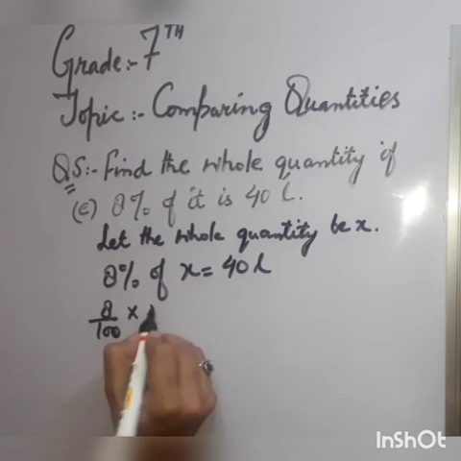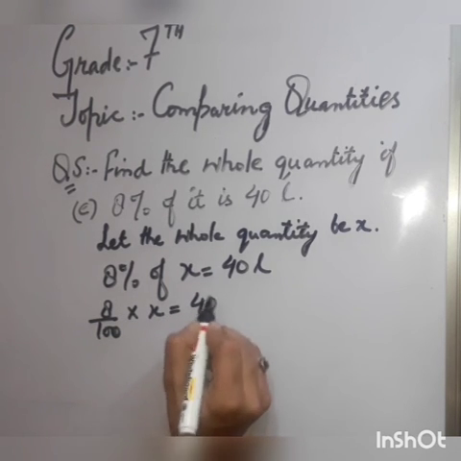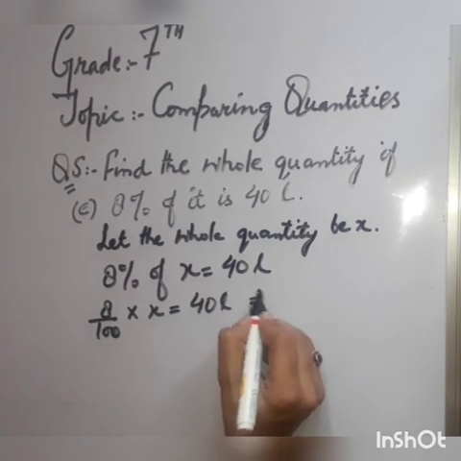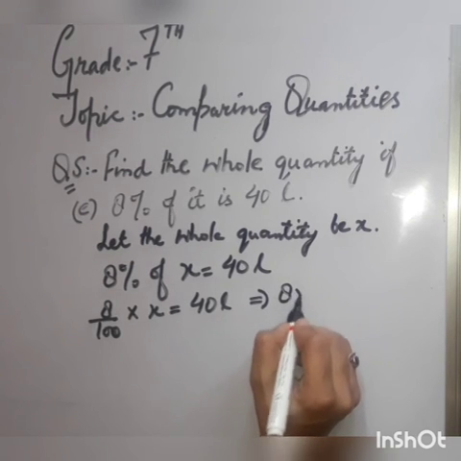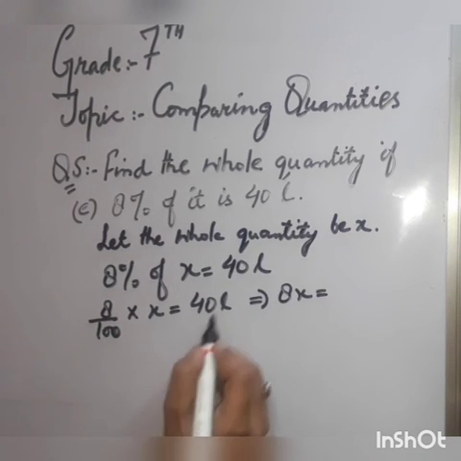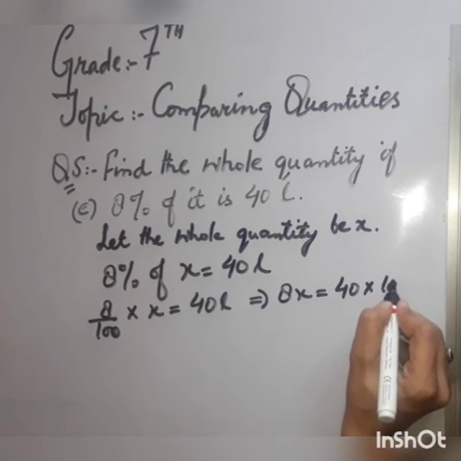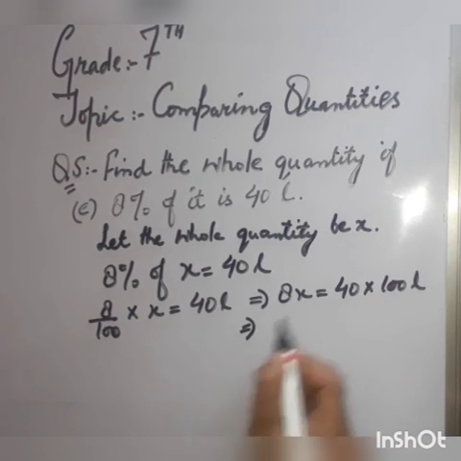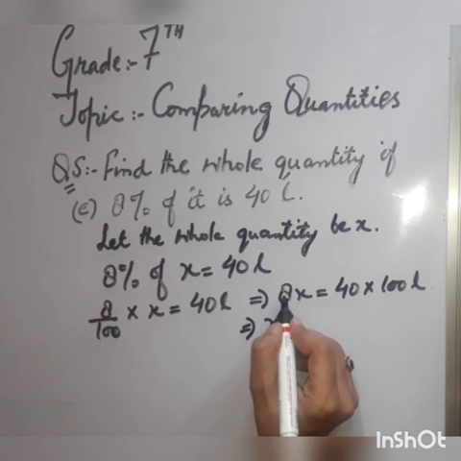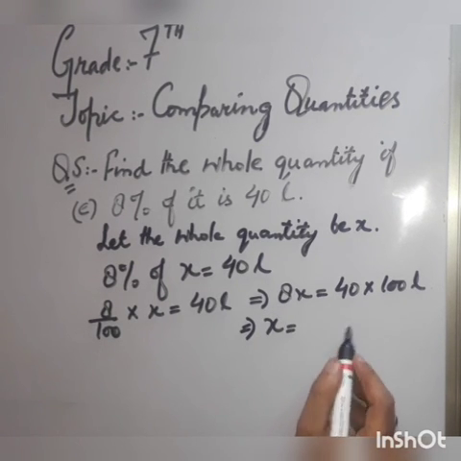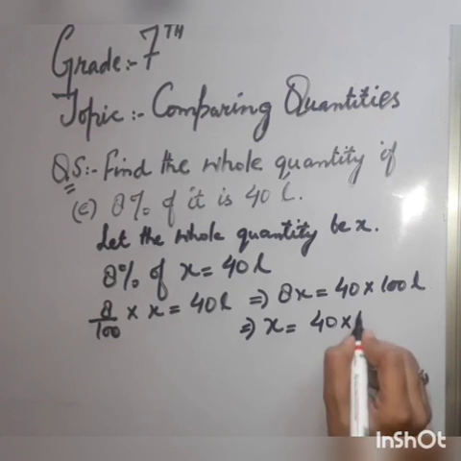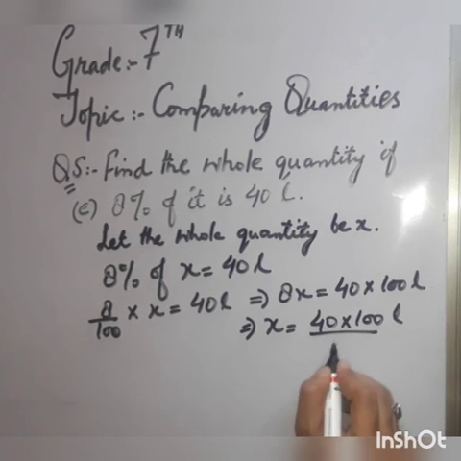Of means multiplication. x is equal to 40 liters. Now this 8 into x is 8x, and this 100 will go here into multiplication, 40 into 100 liters. So we can write x as, since 8 is in multiplication, it will go into division, 40 into 100 liters by 8.